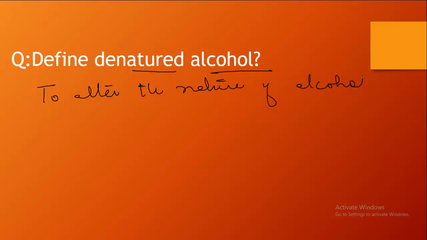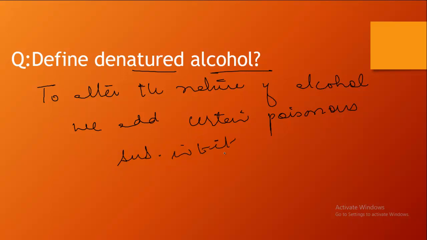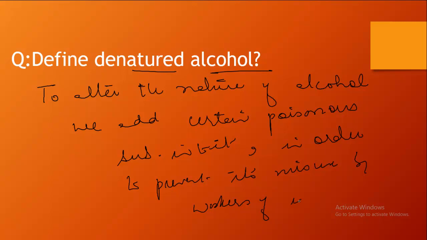What we do in industries, we add certain poisonous substances to it in order to prevent its misuse by workers of industries. So that means we are altering the nature of alcohol by adding certain poisonous substances which make it unfit for drinking purposes, and it prevents its misuse by workers of industries.